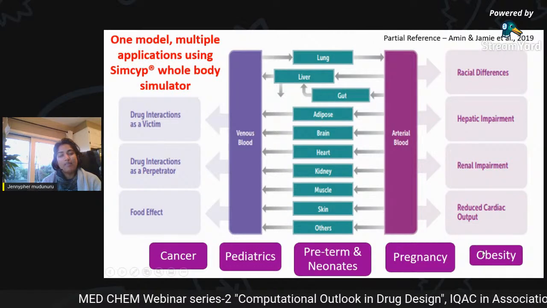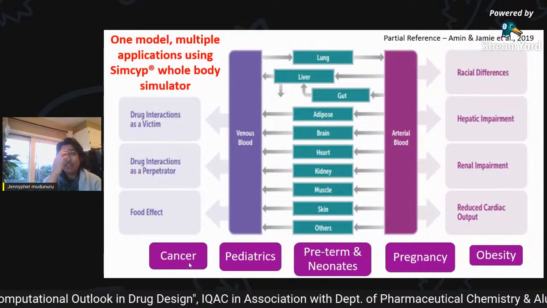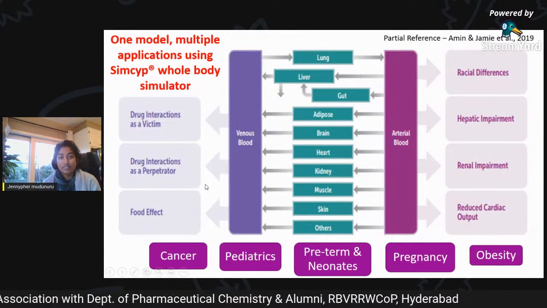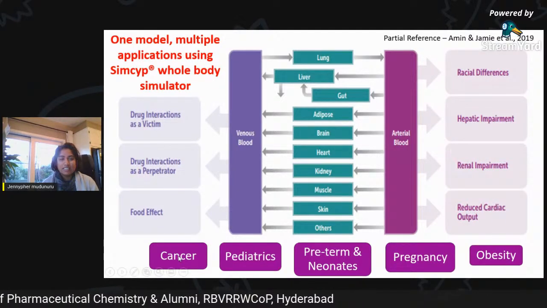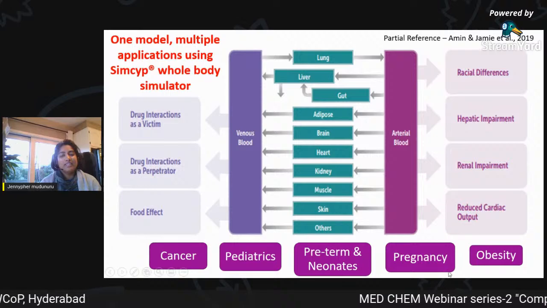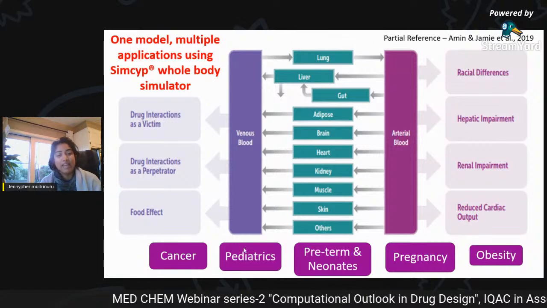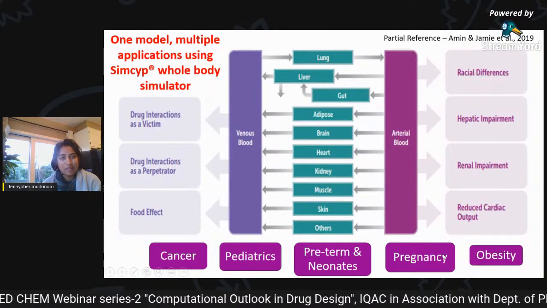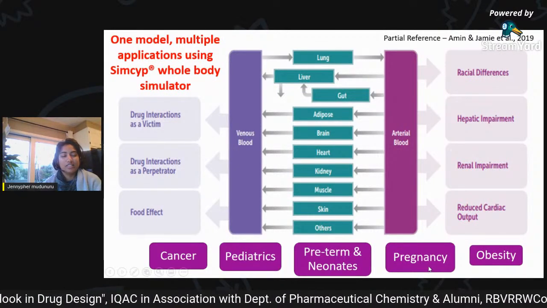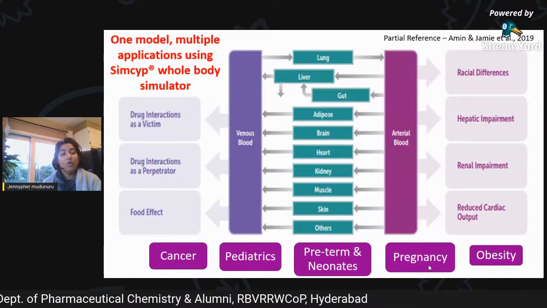The other extended applications are, there's a cancer population that we can use, and we have found that sometimes there is quite a significant difference in pharmacokinetics because of various reasons, how the physiology is affected in cancer patients. And the other one that is picking up really right now, because FDA and EMA have also started accepting models in that space, are the pediatrics, pregnancy, and preterm and neonates. So we often see clinical trials are in the older adults.